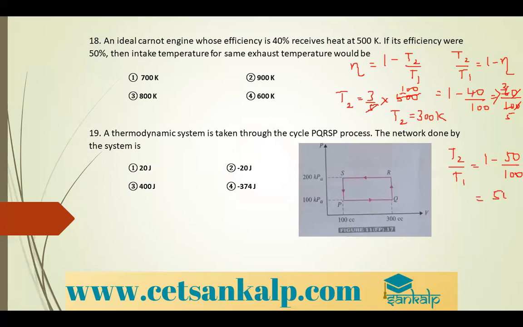So again 50 by 100 comes, 1 by 2. So now T1 is needed, so T1 is equal to T2, which is 300, divided by 1 by 2, so it is 600 Kelvin. So option 4. Understood, right?